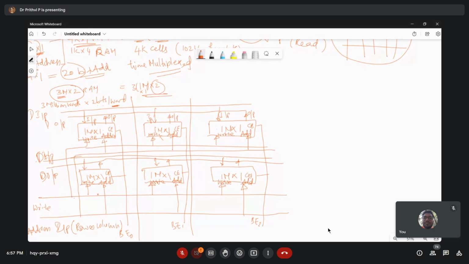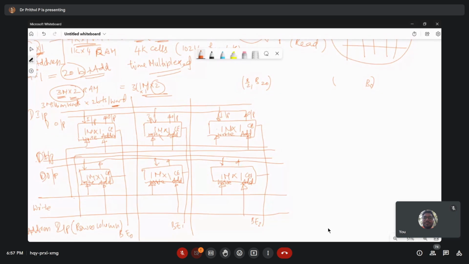Now for this, how many bits we need? For 3M we need 22 bits. How we'll be organizing is, say, B0 till B20 and B21. Because we have 3 banks, we need 2 bits for addressing them.